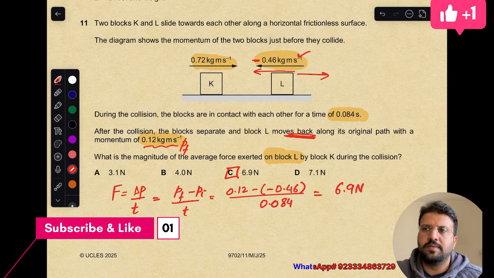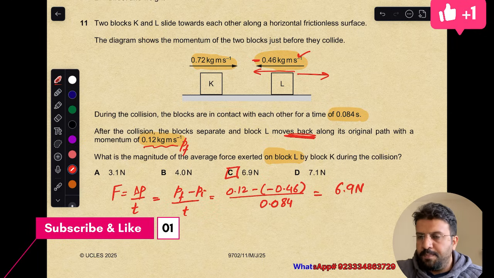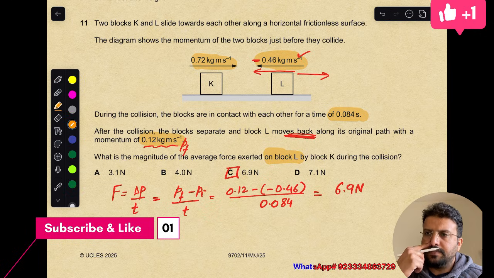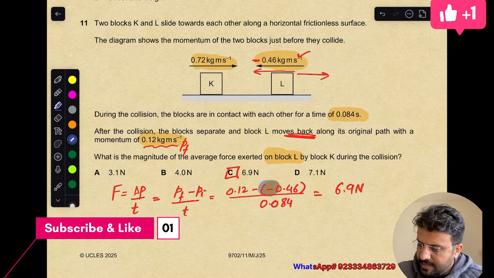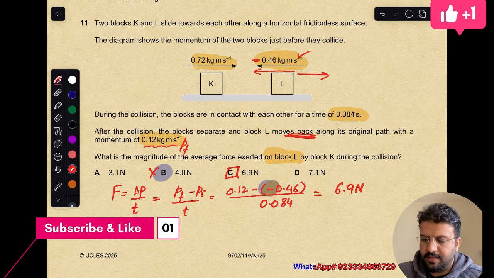Option C. Okay, in this question the most popular wrong answers are B and D. Both have different reasons. If you neglect this sign, you will get option B. That is the wrong option.